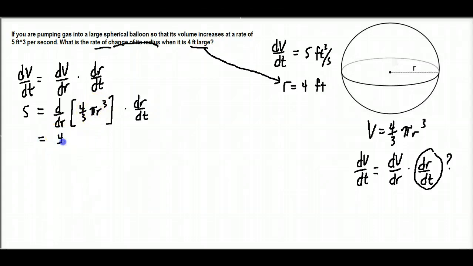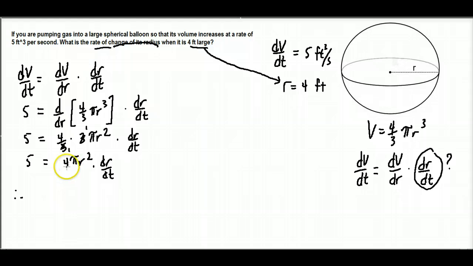Now we actually take the derivative of this, and we get 4/3 times 3 pi r squared times dr/dt, and that reduces down to just 4 pi r squared times dr/dt.